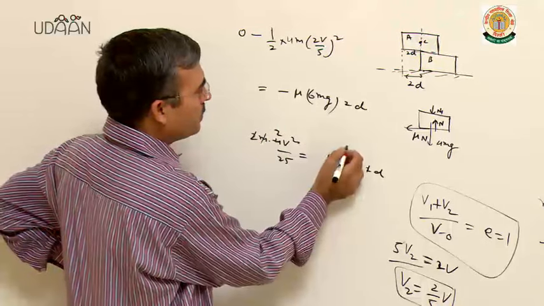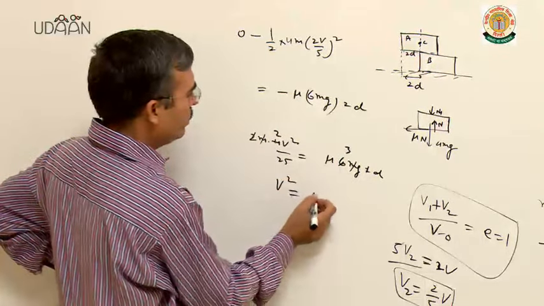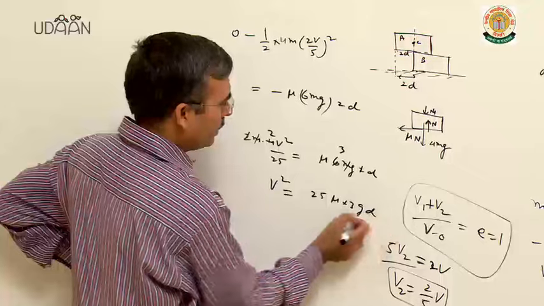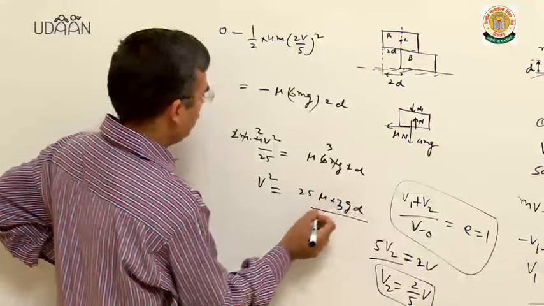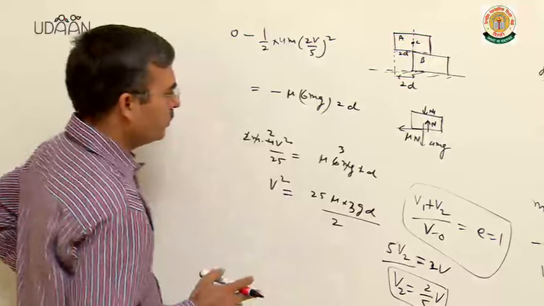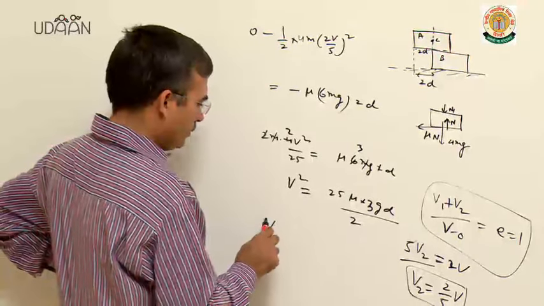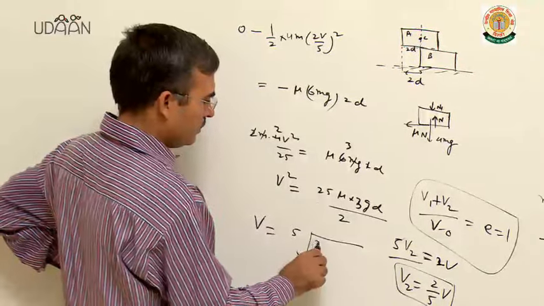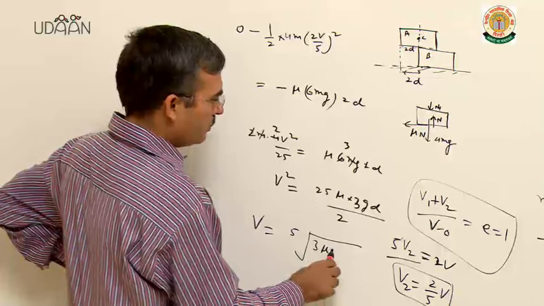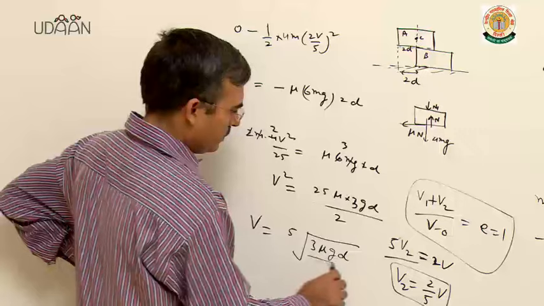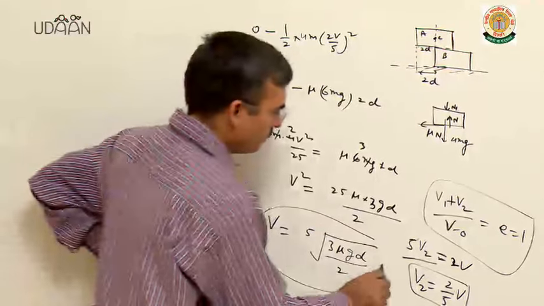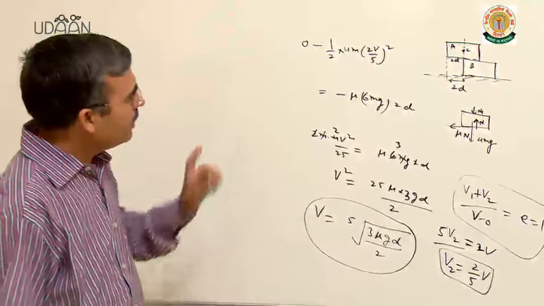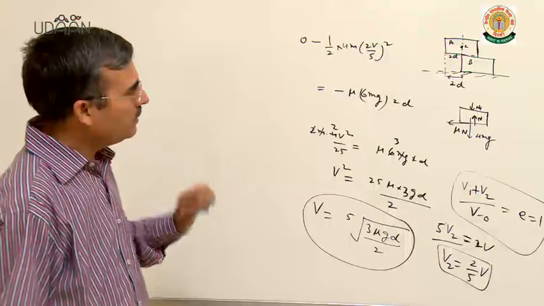So clearly v square equal to 25 into mu into 3 into g into d divided by 2. So clearly v equal to 5 root of 3 mu g d divided by 2. It is the minimum speed of the ball required just to topple the upper block. Clear? Okay.